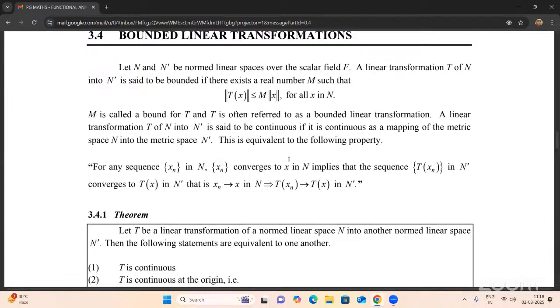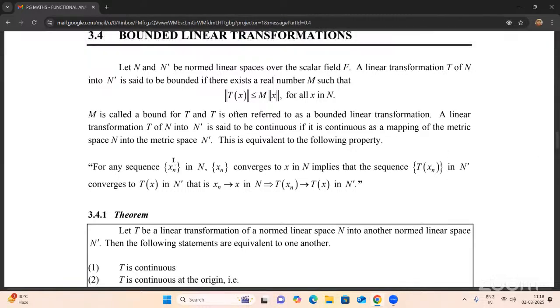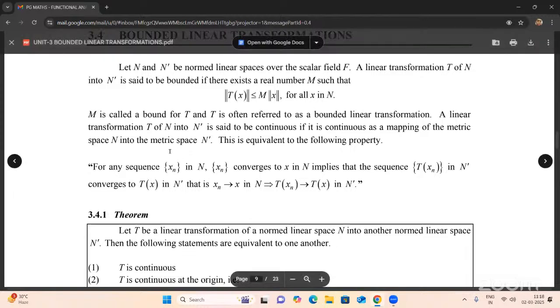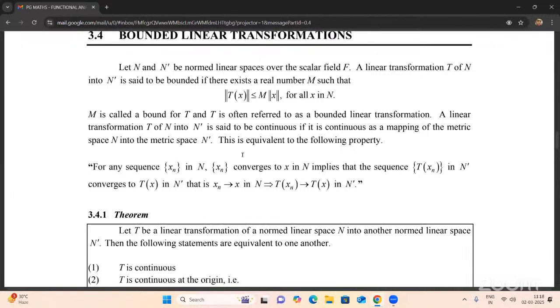The transformation is applied on both Xn and X, giving T of Xn and T of X. So T of Xn converges to T of X in N dash.